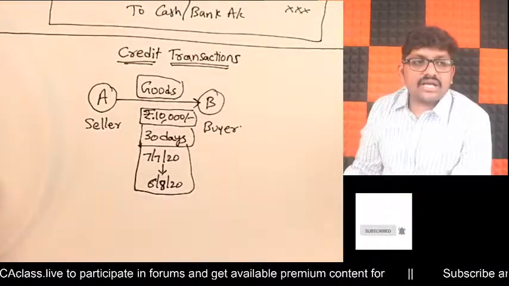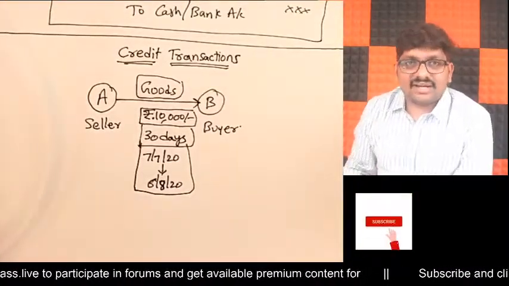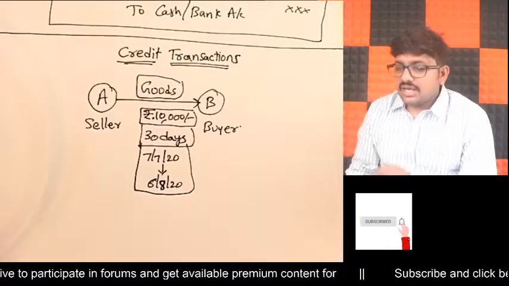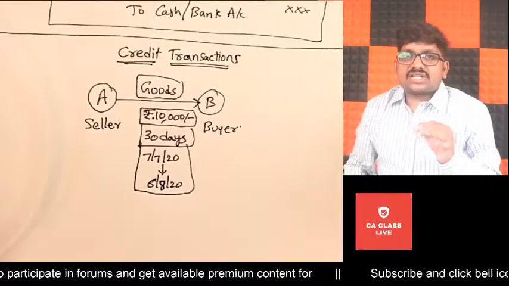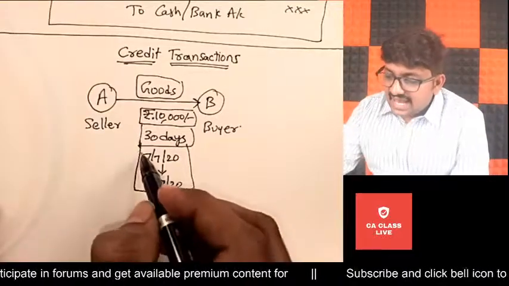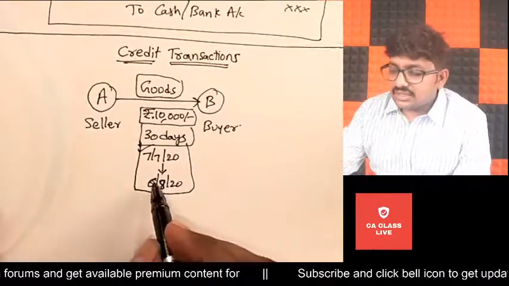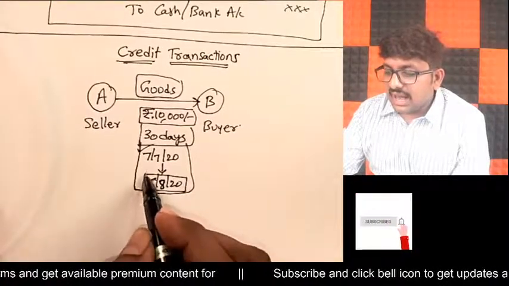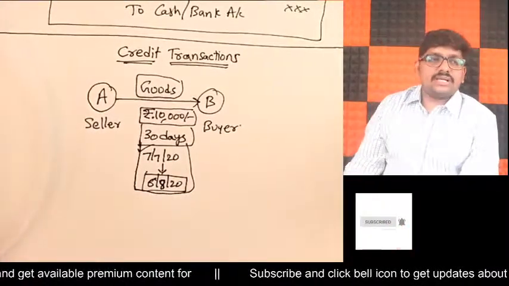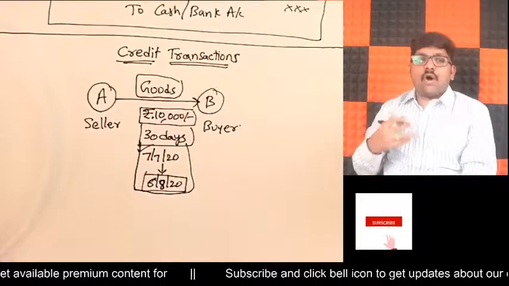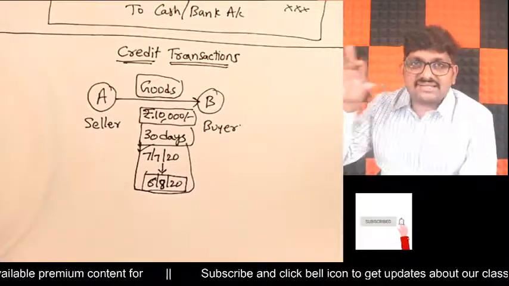I'm taking it approximately, friends, not exactly. In this kind of transaction, the actual sale has happened on 7/7/2020, but the settlement will happen on 6/8/2020. Let me take this example forward so that you will understand the entire series of transactions.